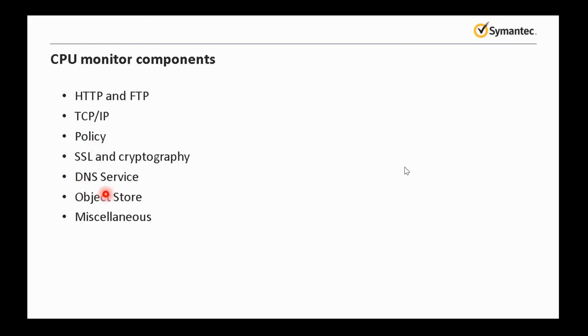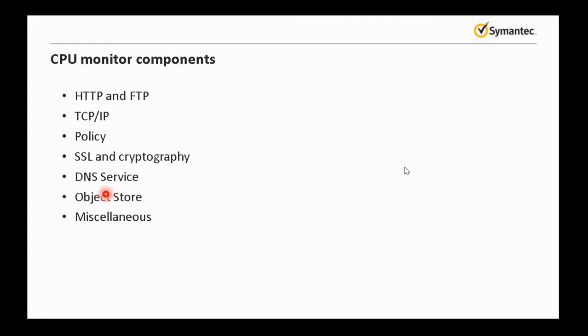Next, you have here DNS service. So if for some reason the DNS is slowing down, and when the proxy performs queries, the DNS is not responding back in a timely manner, it will increase CPU utilization due to DNS.